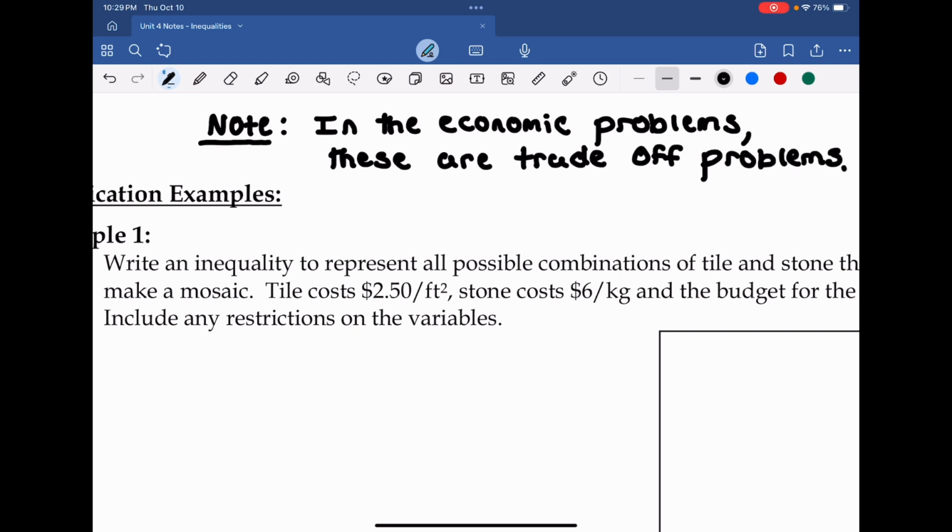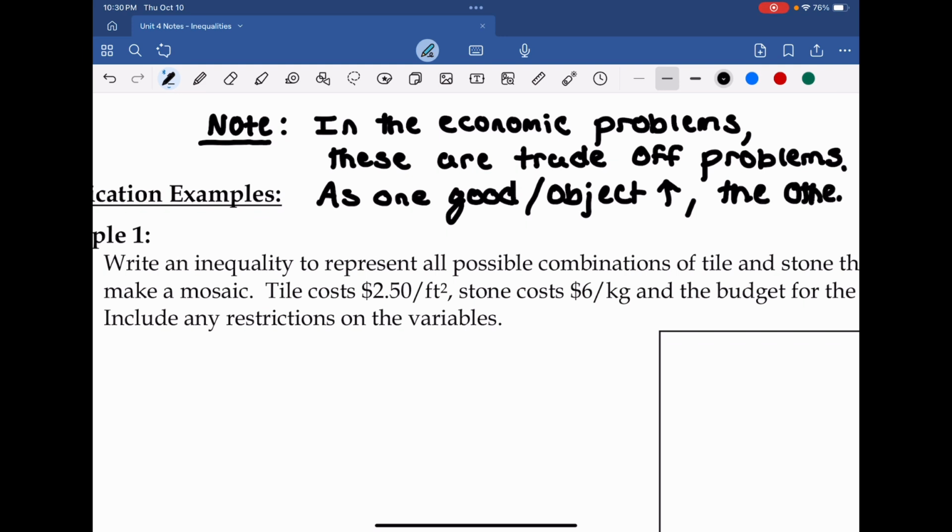Now, what I mean by trade-off problems is, as one good or object increases, the other will decrease. There we go.